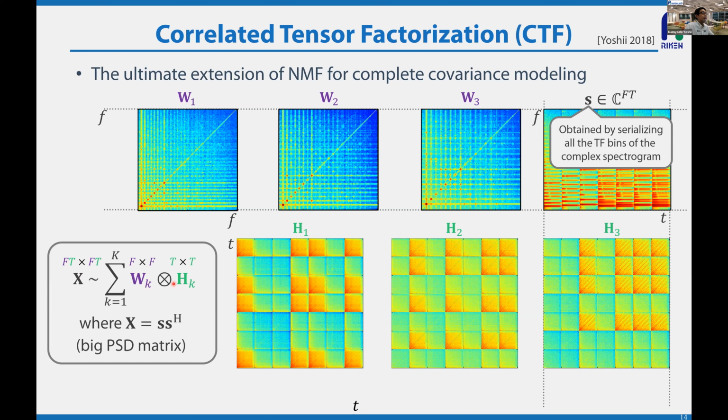And how to represent this linear transform? This is tensor data, but you can serialize all the elements of this tensor data, and then you get a very long complex vector X, a TFM-dimensional vector.